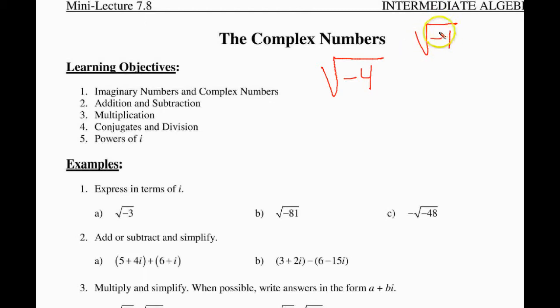And we're going to call this letter i, lowercase letter i. Now, when they developed this years ago, they called this an imaginary number. Now, it's not really imaginary, but that name has stuck to it. It's a number we use in mathematics. And we will define the square root of -1 as i.